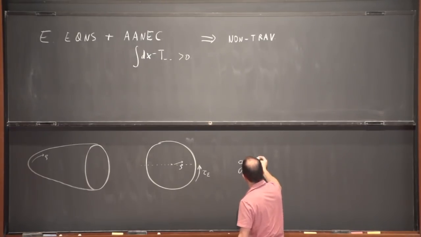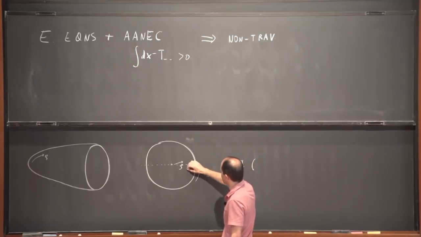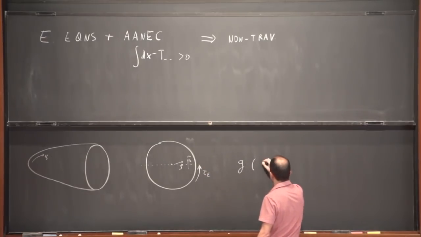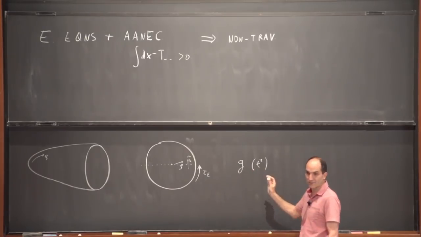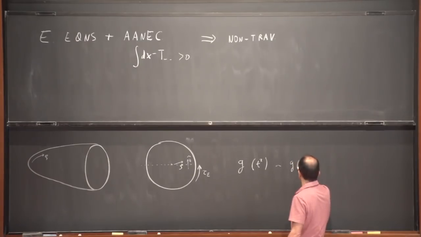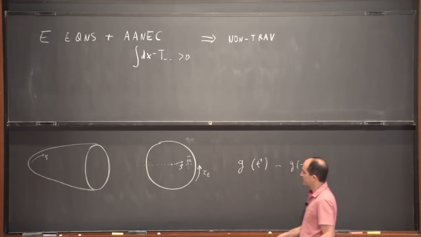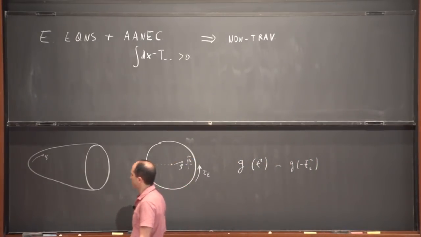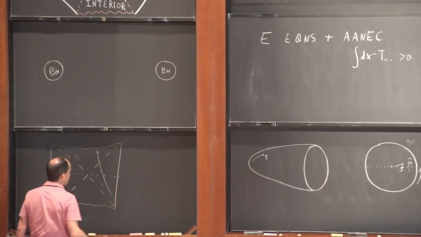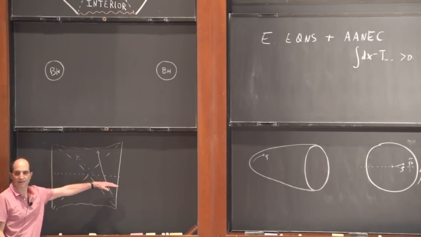So if we have some function, let's say some metric component, if t is the normal coordinate here, this is some other t, it's not the same as this time, then we'll find that they will have to be functions of t squared, and when we continue from Euclidean to Lorentzian time, we'll find the same function, but of minus t Lorentzian squared, let's say. Anyway, when we do this analytic continuation, what we get is this Lorentzian spacetime, and that surface that we highlighted here corresponds to, for example, this surface at this position.